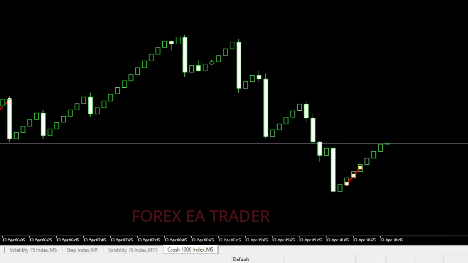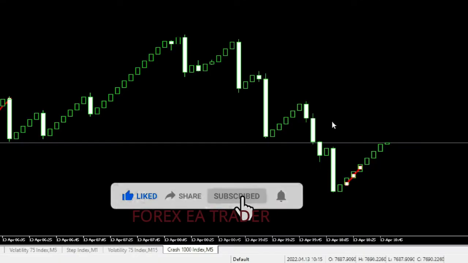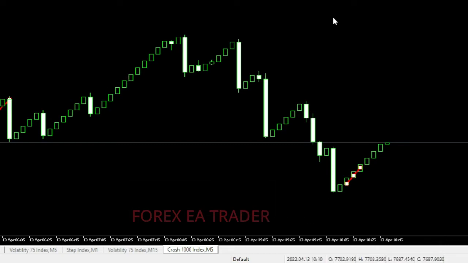So what you are going to want to focus on is where to get out, which is about 20,000 points, or you can make it 15, or you can actually make it 10, depending on your appetite, or you can actually just want to trade one candle.